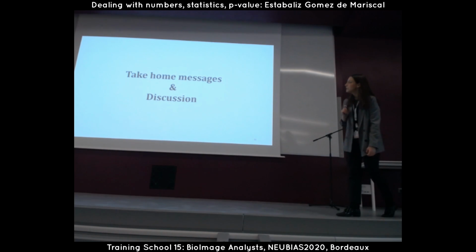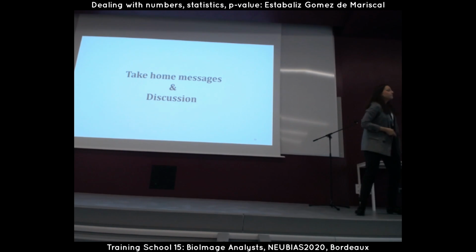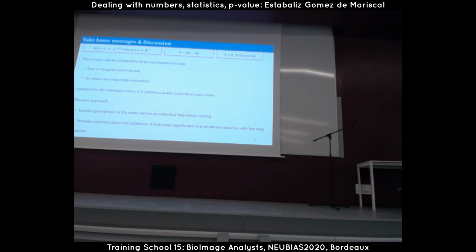So after all this, the take-home message of the discussion is that we can model the p-values as an exponential function, which mathematically is very nice because you can derive it, integrate it, understand what's going on, and control everything.